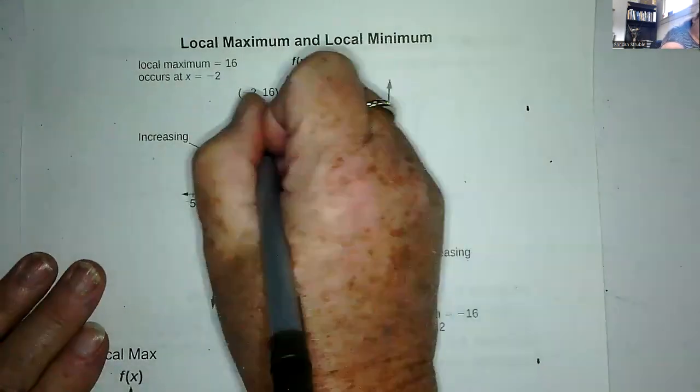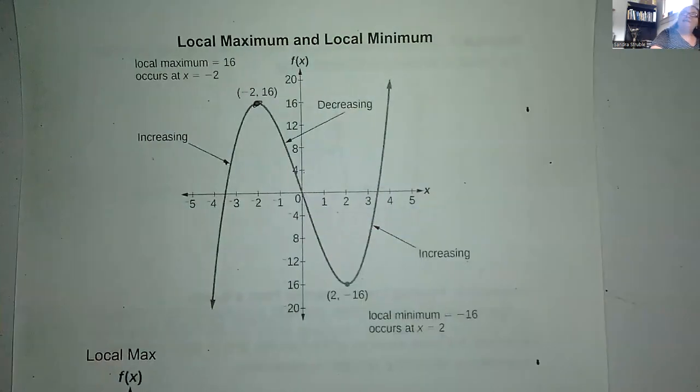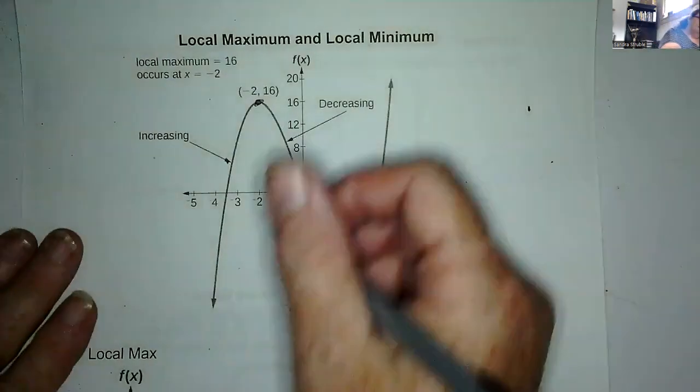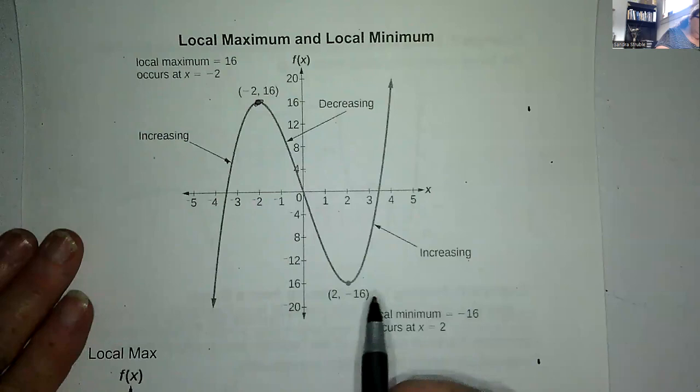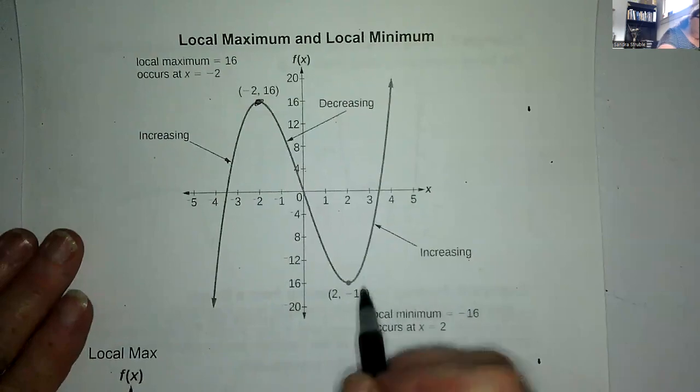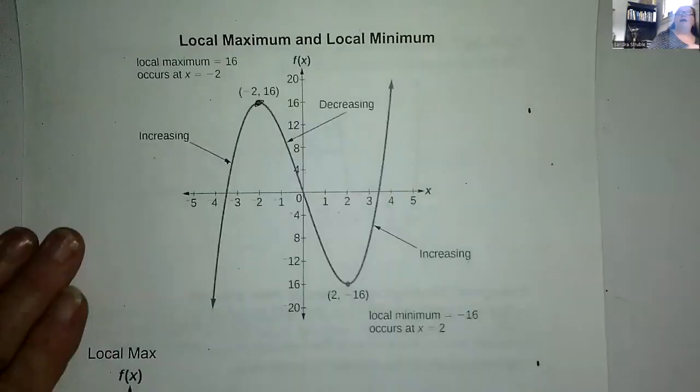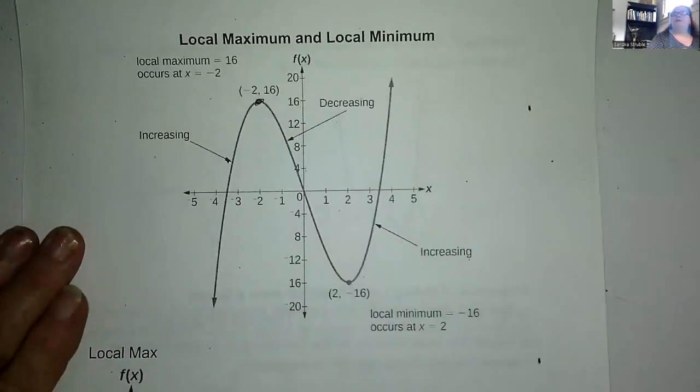That is a local max, the highest point from an increasing side. For the local min, the minimum, you have to be decreasing and then increasing. You have to have those happening in order to have your local max and min.